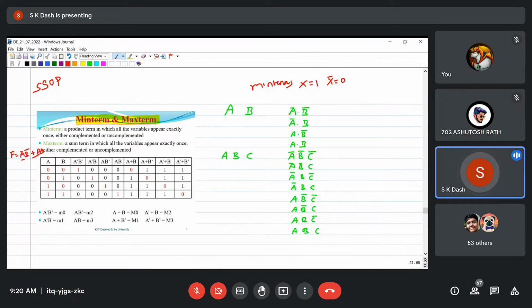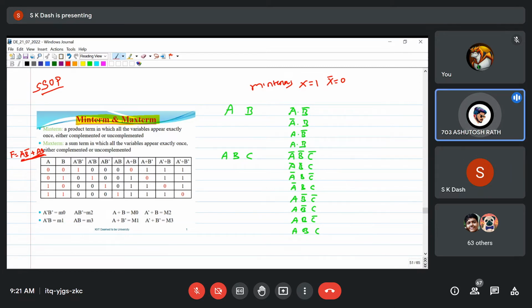When will your output be 1? Basically, in this SOP, you are adding product terms only. Like this example, you are adding A bar B bar with AB. So when you add 2, when will your output be equal to 1? What is the definition? If any input is equal to 1.